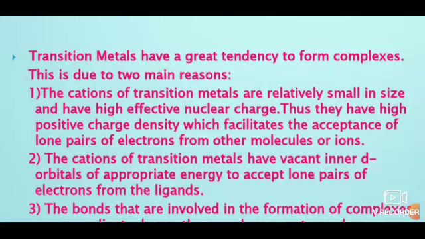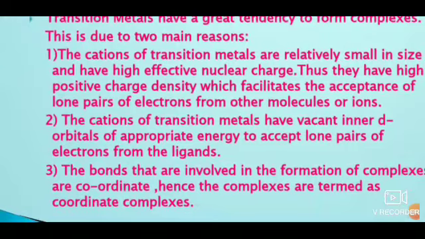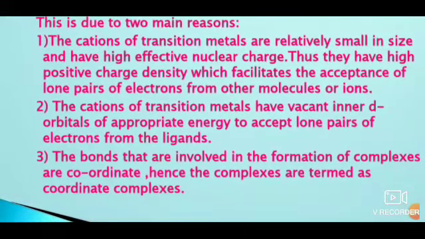The cations of transition metals have vacant inner d orbitals of appropriate energy to accept lone pairs of electrons from the ligands. In this way, the bonds that are formed are known as coordinate bonds, and hence the complexes are named coordinate complexes.